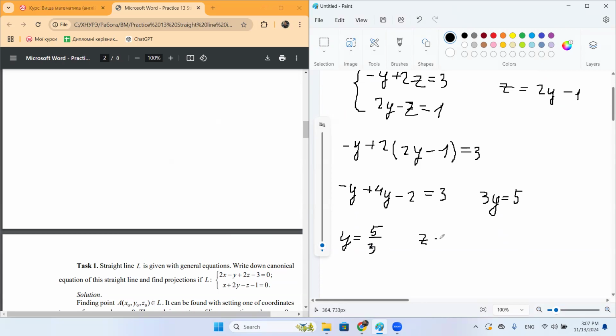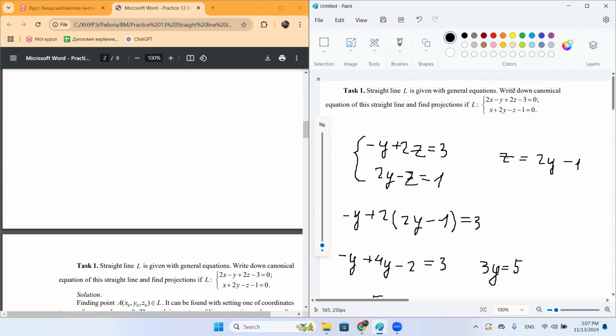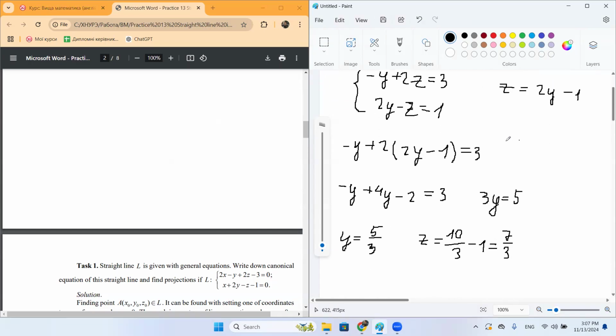So z equals 10 over 3 minus 1, it equals 7 thirds. So we found the point that belongs to the straight line L.